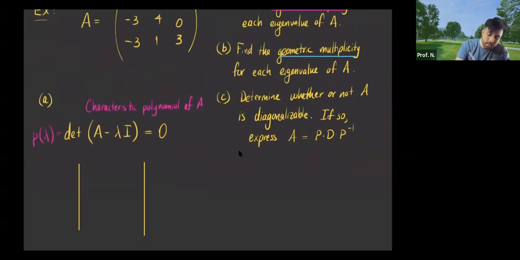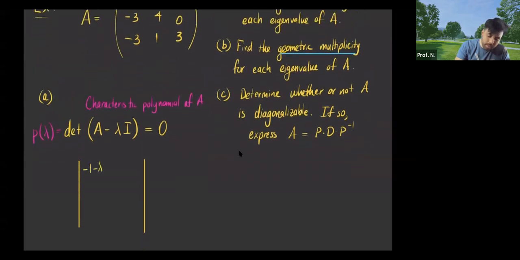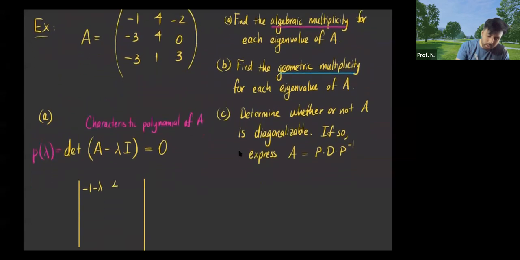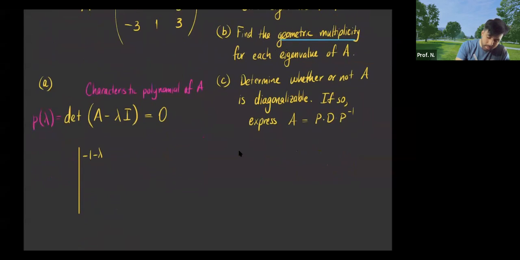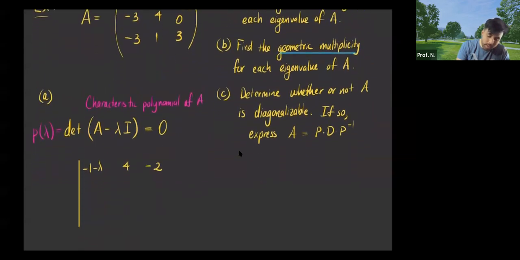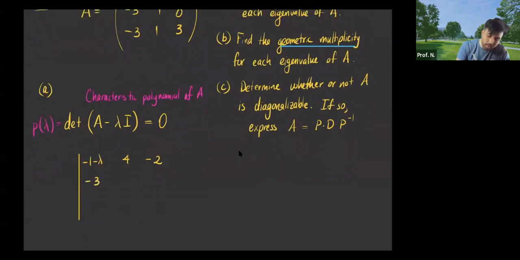Now what is that going to look like? A minus lambda I is going to be -1 minus lambda, 4, 2, -2, -3, 4 minus lambda, 0, -3, 1, 3 minus lambda, and this entire thing is equal to 0.